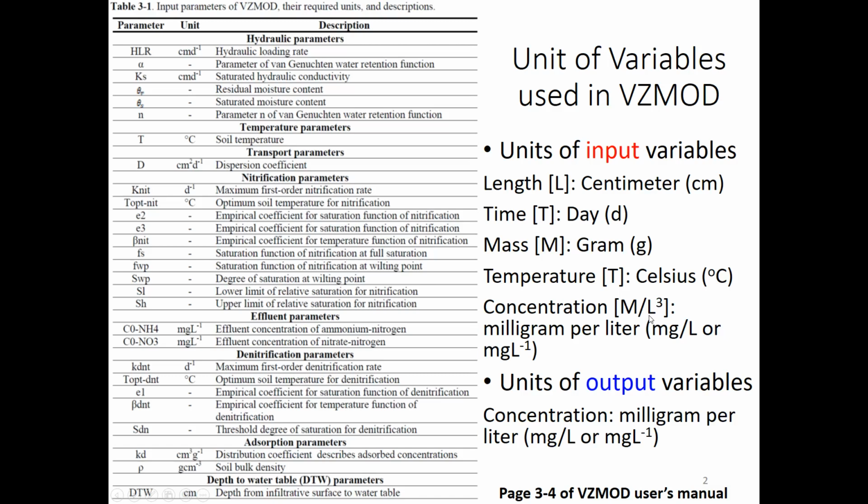In our program, when we deal with different variables, we convert all the units to make sure they are consistent. The output unit for the concentration is milligram per liter, and this is used as input to ArcNLET v1 for groundwater modeling. I hope this slide explains clearly the units of variables we use in Vismod.